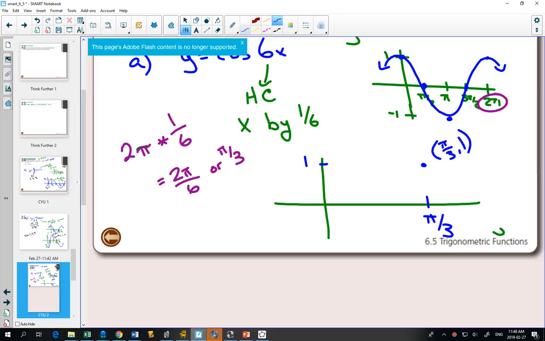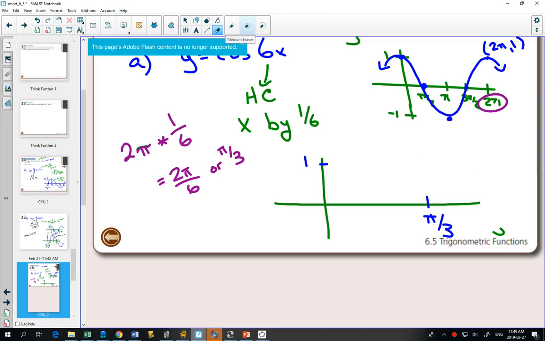Does that make sense how I took this point, which was at 2 pi comma 1, and multiplied the x value by 1/6 to get pi over 3 comma 1? And that's exactly how we did it with transformations. Now the shortcut that we're going to use for sine and cosine graphs is, temporarily, you're not going to even label that point.